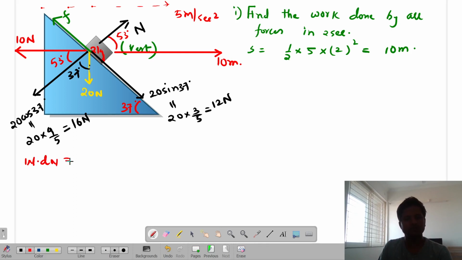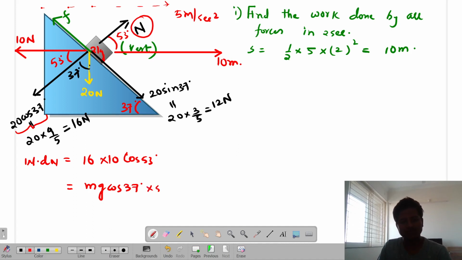Work done due to normal: the normal force is represented by mg cos 37, because it is at rest, so it will be 16. So the equation is mg cos 37 into the displacement 10, into cos 53 degree.